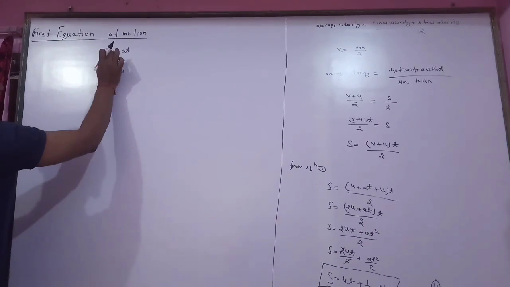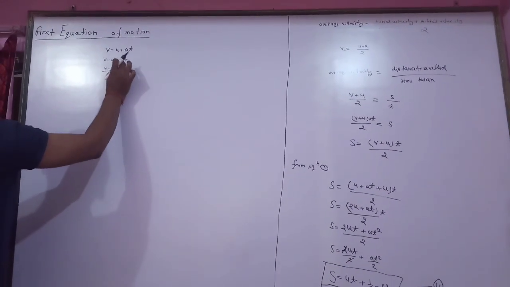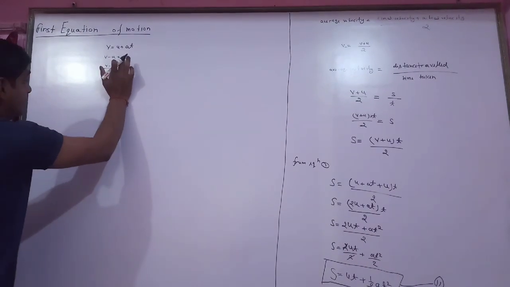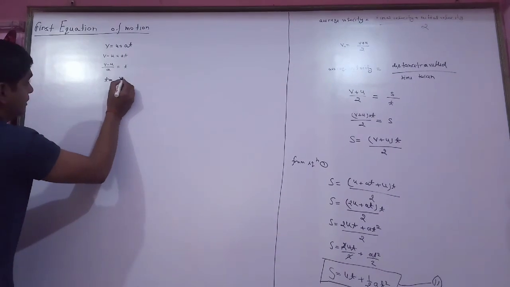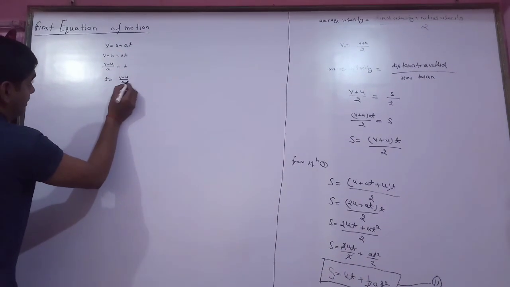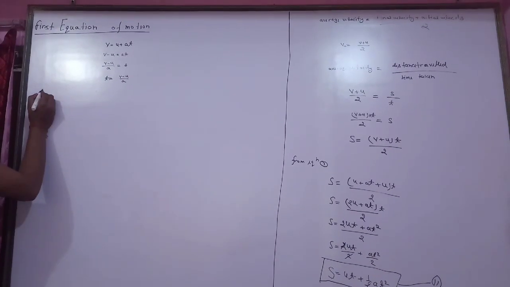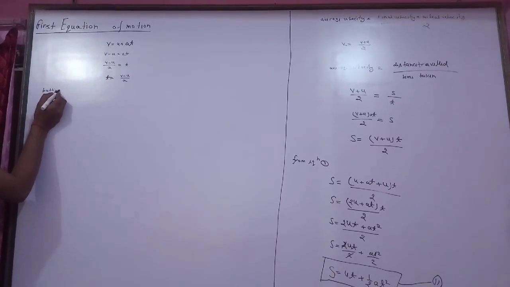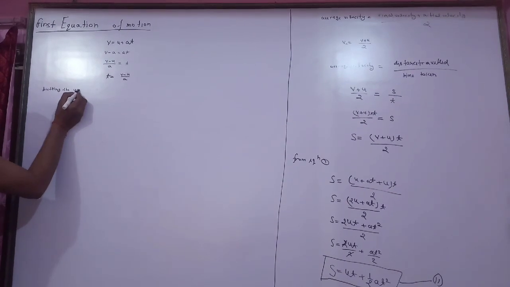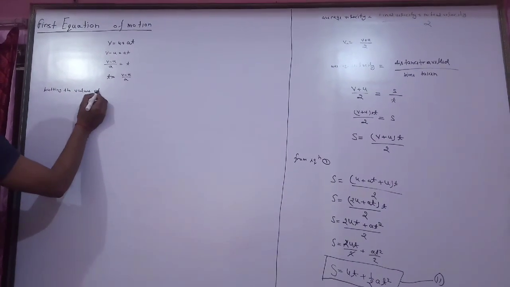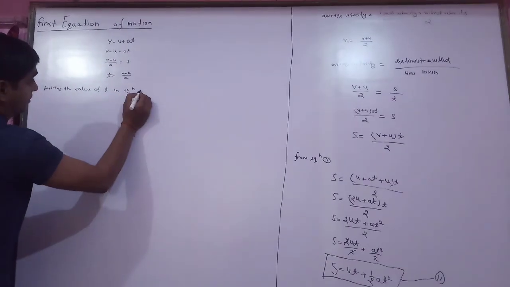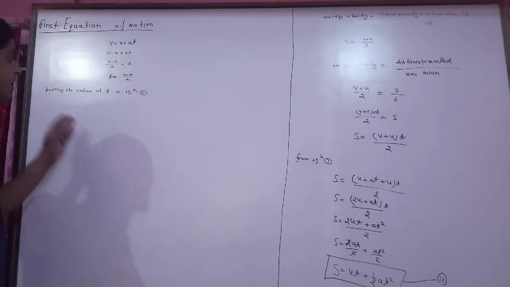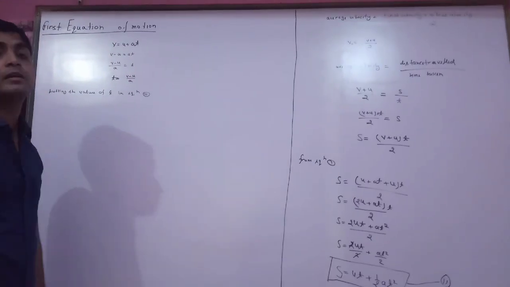After side changing, u is minus and a is divided. So the value of t is equal to v minus u upon a. After that, putting the value of t in equation second, we find out the third equation of motion.